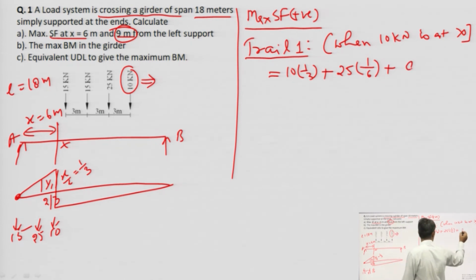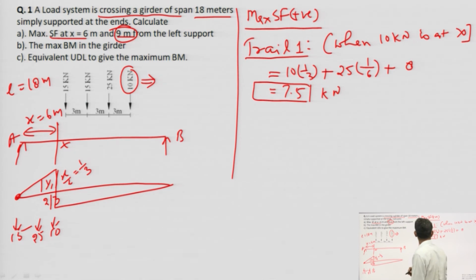So, no contribution. So, how much is this? Let me calculate. It is 10 divided by 3 plus 25 divided by 6. So, the total value we are getting is 7.5 kilonewton for trial 1.